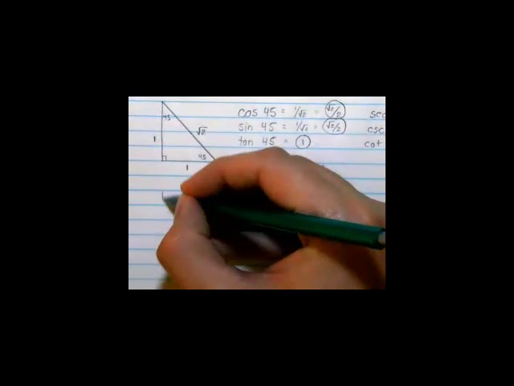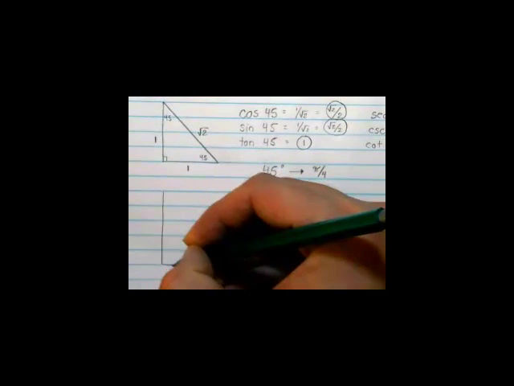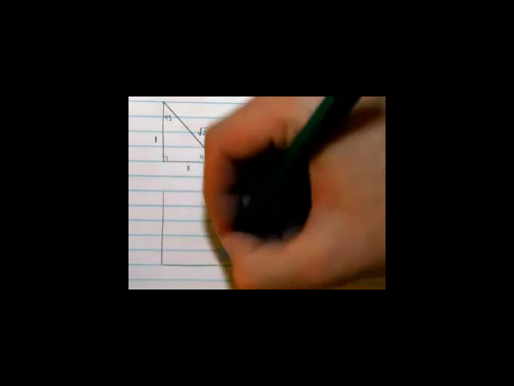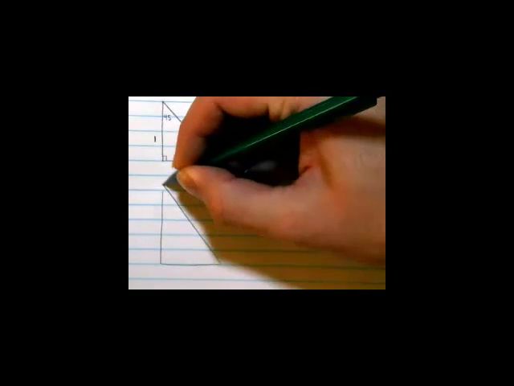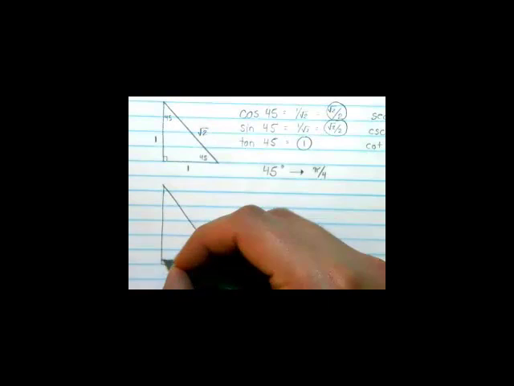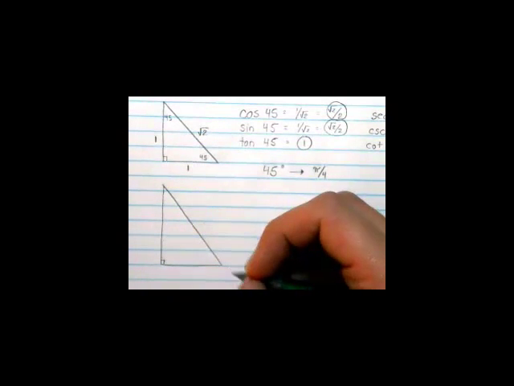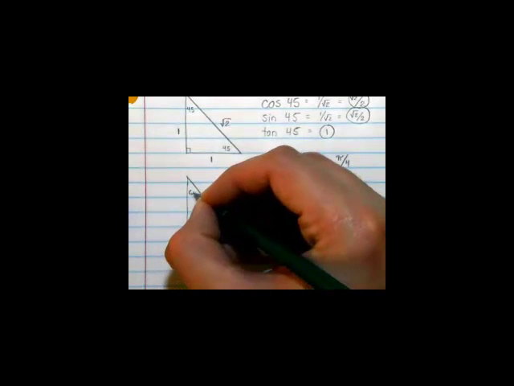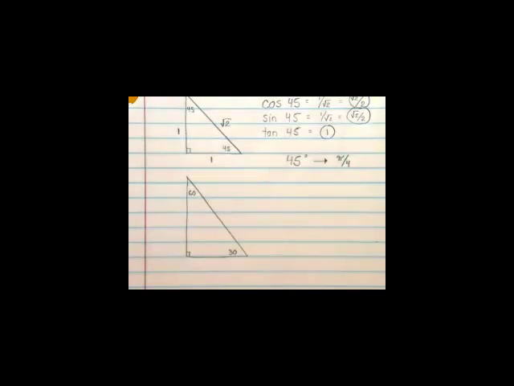We also have this guy, the 30, 60, 90 triangle. Okay, so does anybody remember what the relationship with the sides on this one is?